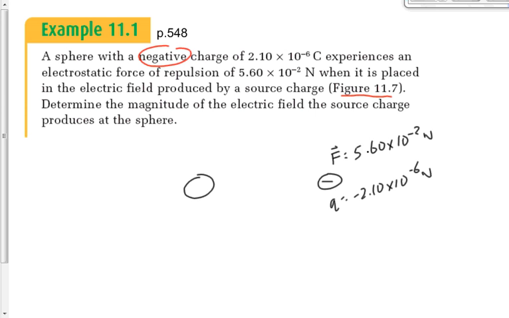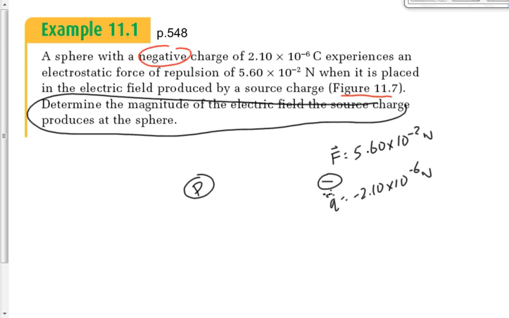We want to find the field strength caused by this producer at this point. If you just read the last sentence of this question, you're going to think you're going to use the producer equation, right? Because you're trying to find the field strength produced by it. But we know nothing about the producer. So let's use the experiencer over here.